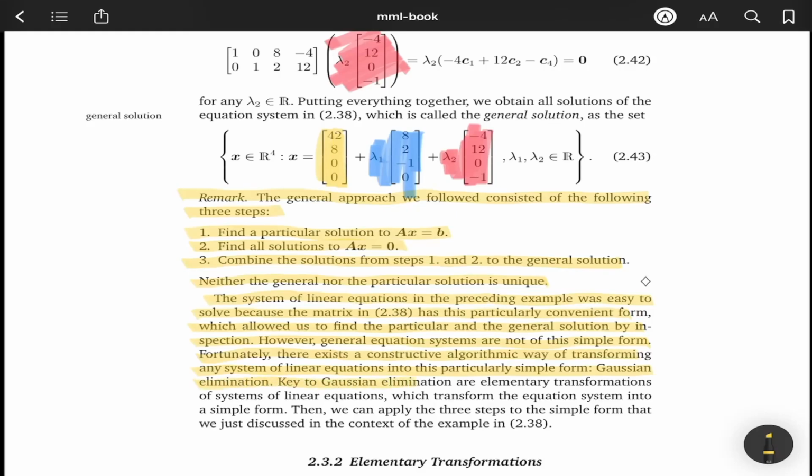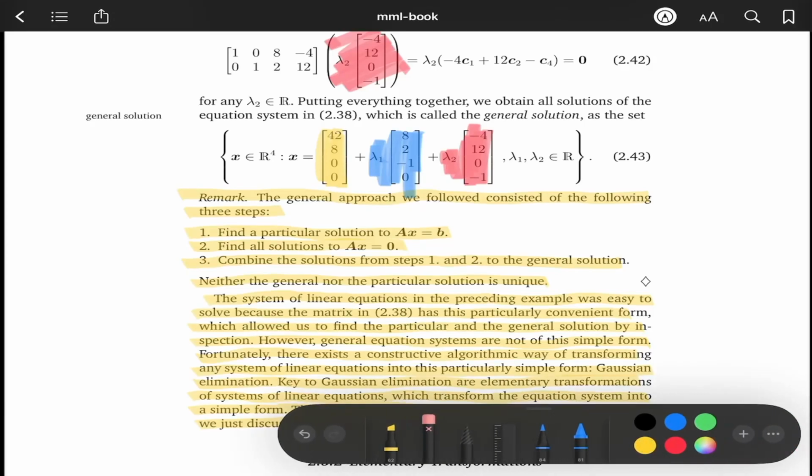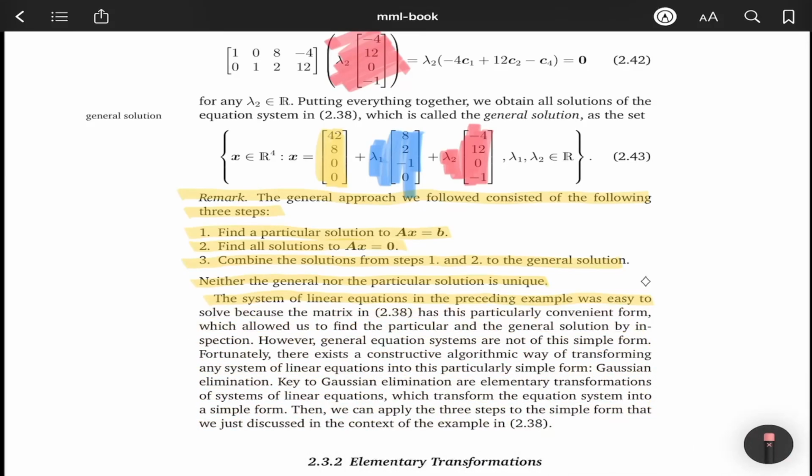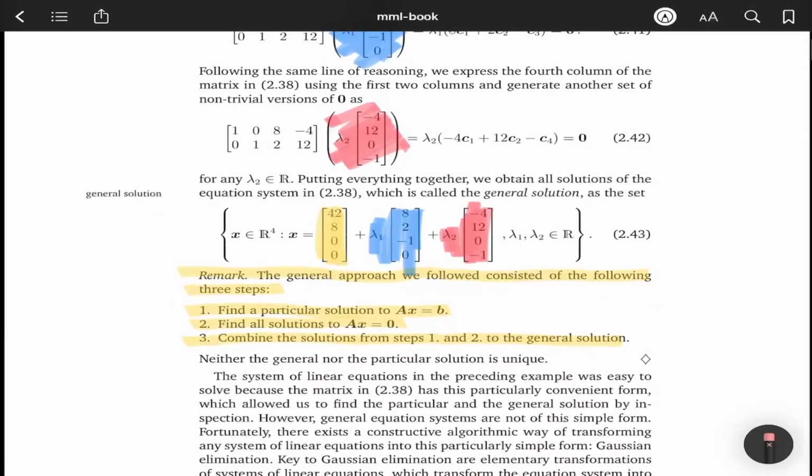Key to Gaussian elimination are elementary transformations of systems of linear equations, which transform the equation system into a simple form. Then we can apply the 3 steps of the simple form that we just discussed in the context of the example. So basically they're saying it's not always easy, but there's a system where we can transform it into this simple form, and then we can just use the approach we just had.